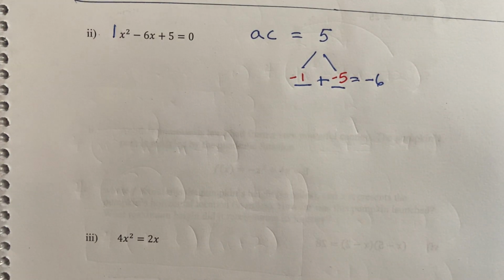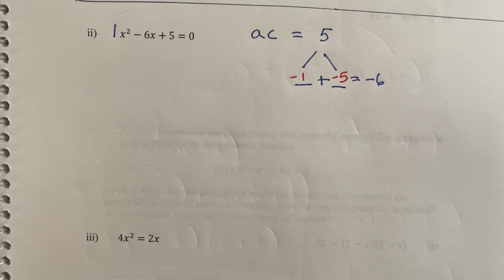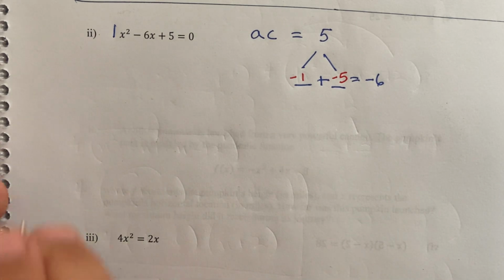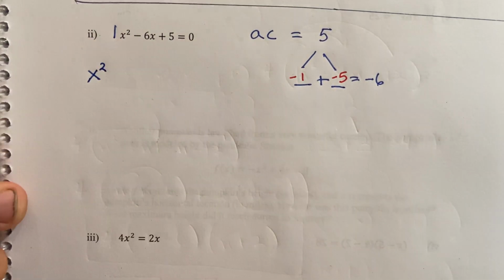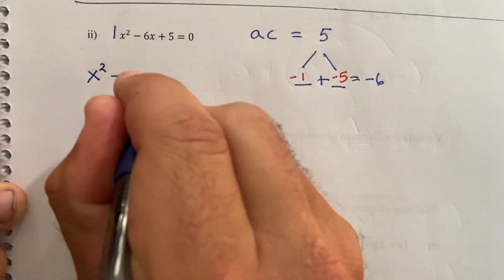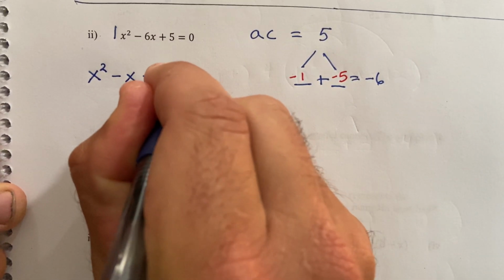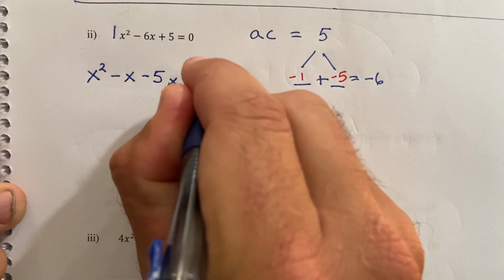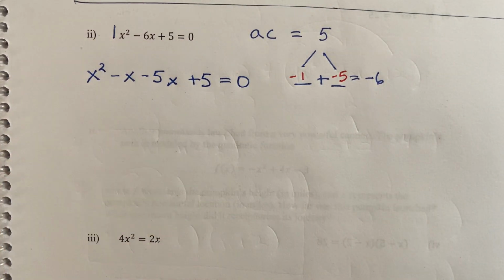So then what we do is we bring those numbers in as coefficients. So the same factoring process that we were doing, not attached to solving, we're now doing within a solving context, but it's the same factoring process. So x squared minus x minus 5x plus 5 equals 0.